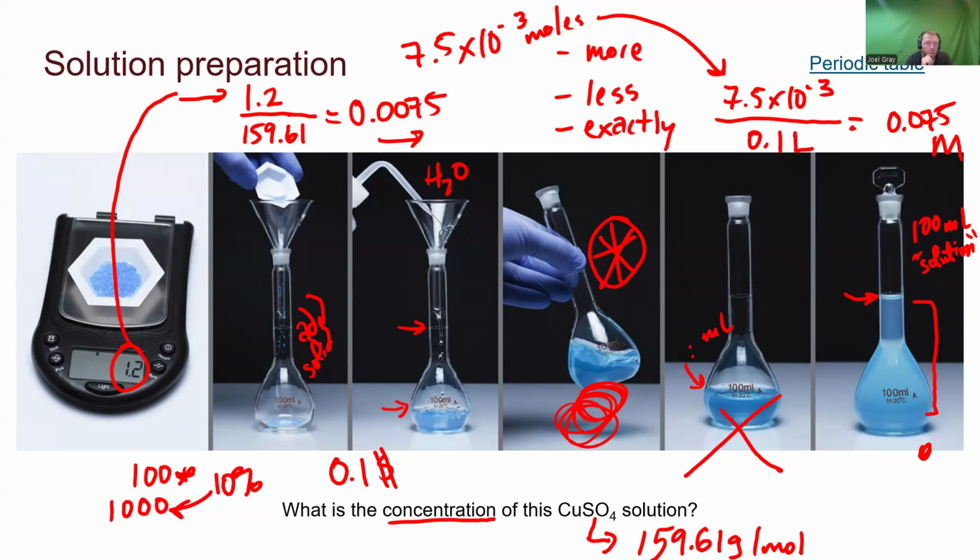We've also got H2O. Does everyone follow that? Add a Y or an N into the chat. Okay. So now in here, is there 100 milliliters of H2O? Add a Y or an N into the chat.